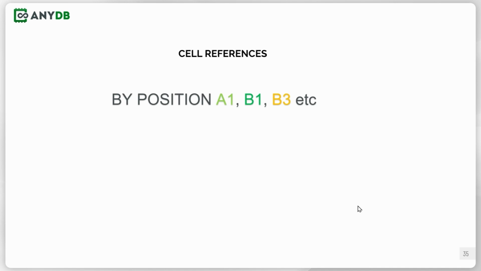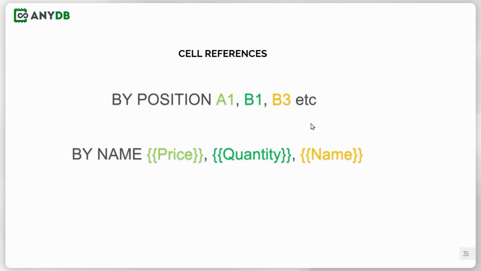If you have a cell reference, you can refer to that cell within the same record by using its position, which can be A1, B1, or B3, just like Excel or Google Sheets, or by its name, if you have a name for that cell. And when you do that, you have to use the double curly braces and then the name between them to refer to that. Now, this is very straightforward if you're inside the same record.